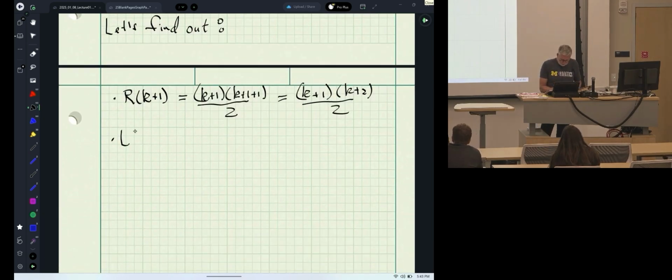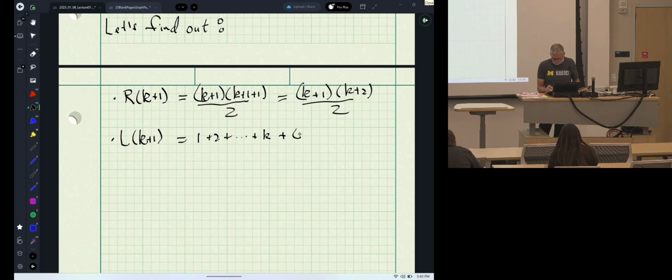Let's check out L of k plus 1. Any chance it's equal to R of k plus 1? Well, L of k plus 1 equals 1 plus 2 dot dot dot k plus k plus 1. What is this equal to?